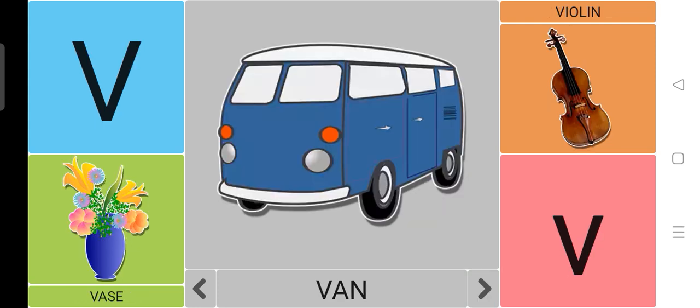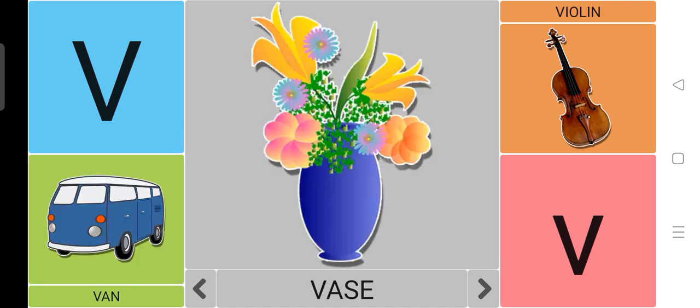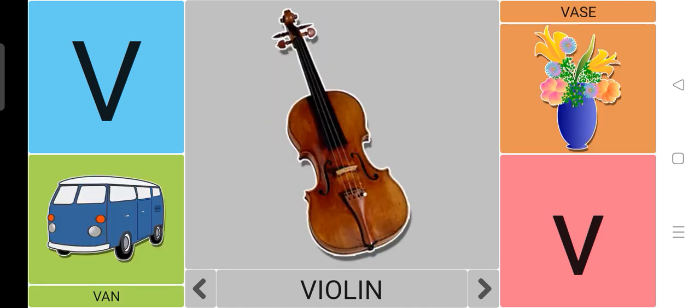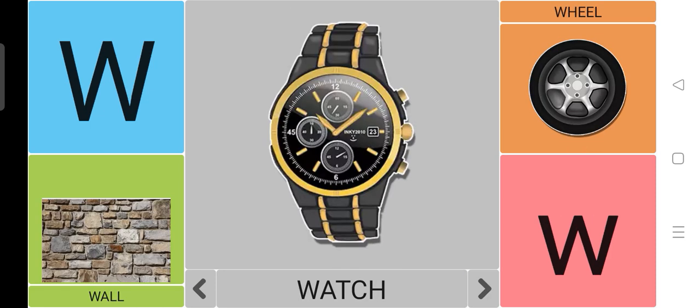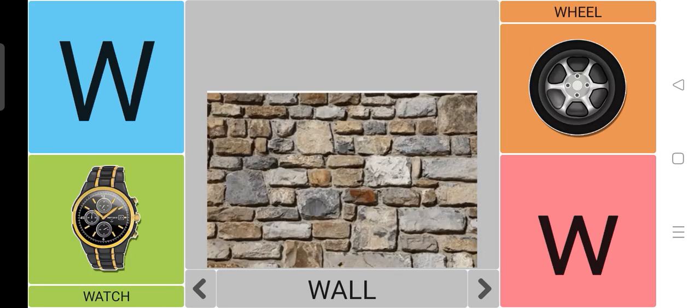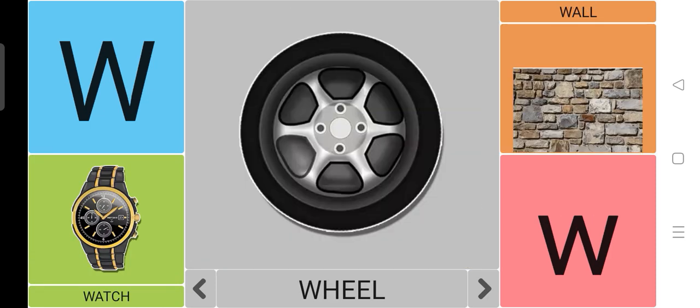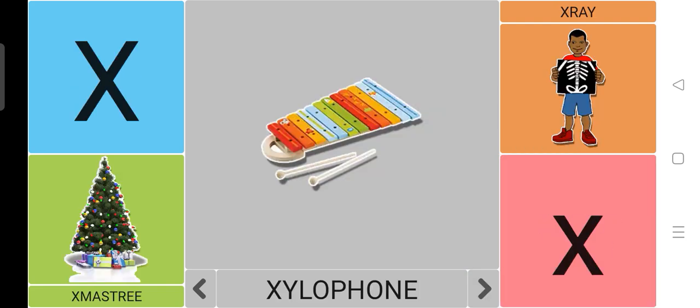V is for van. V is for vase. V is for violin. W is for watch. W is for wall. W is for wheel. X is for xylophone.